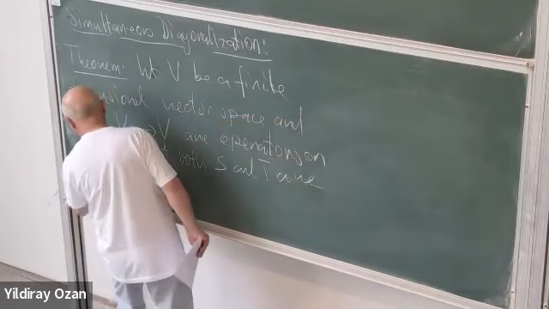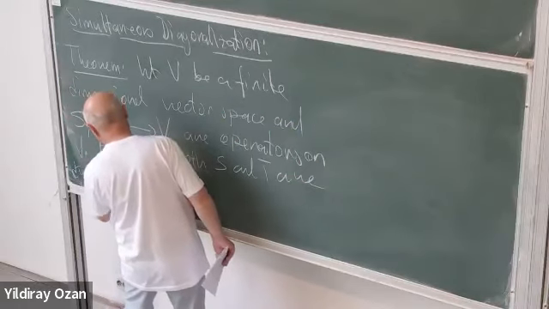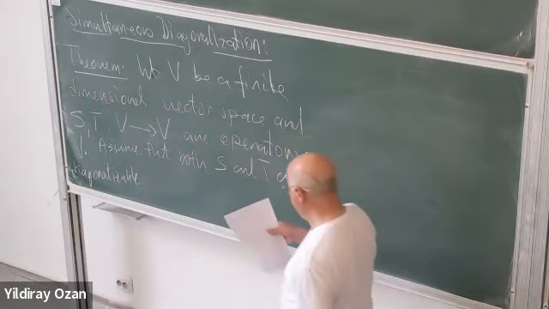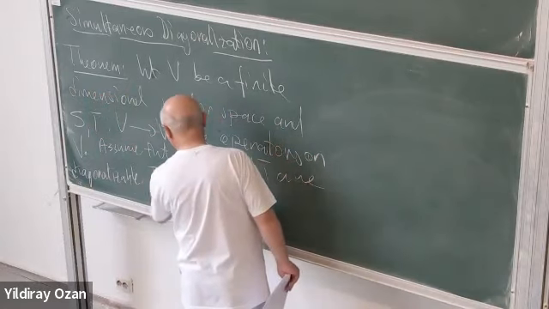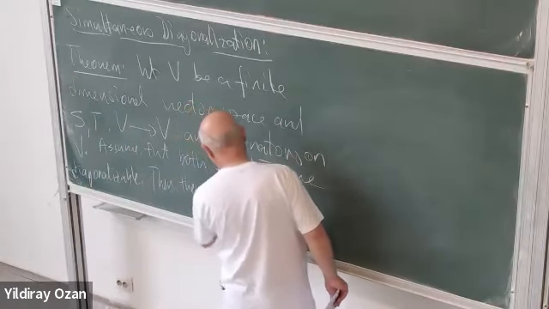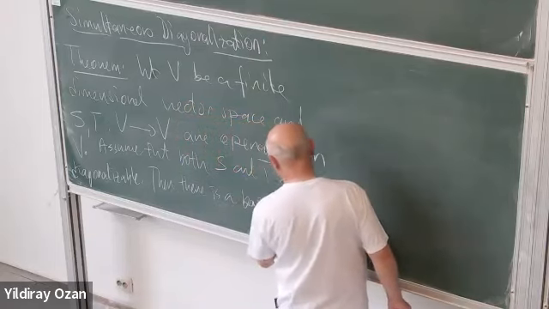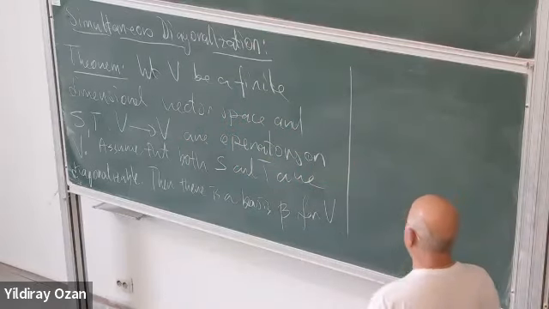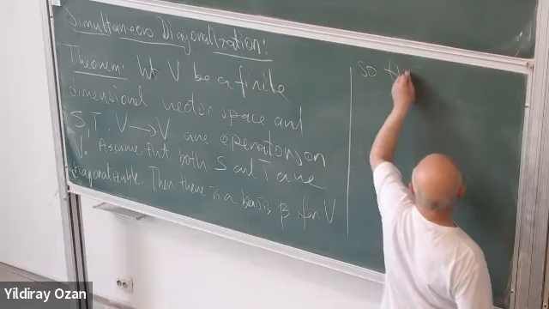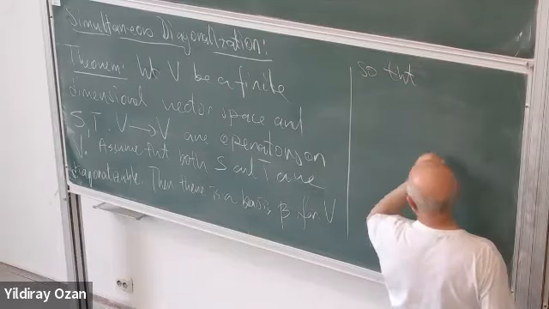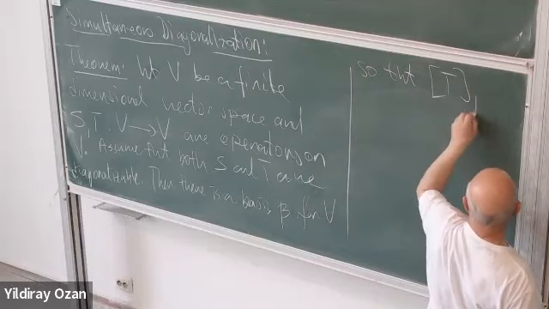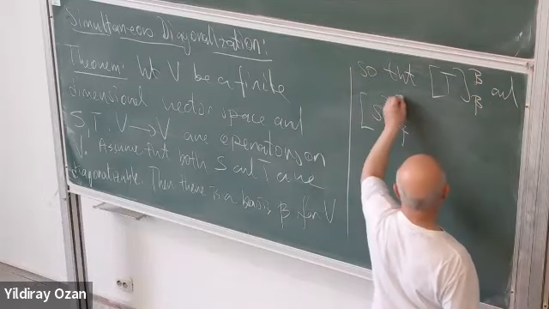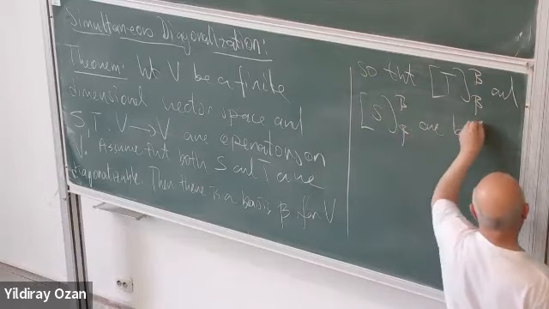So that's part of the assumption. Then there's a basis beta for V so that the matrix representations of T and S are both diagonal.